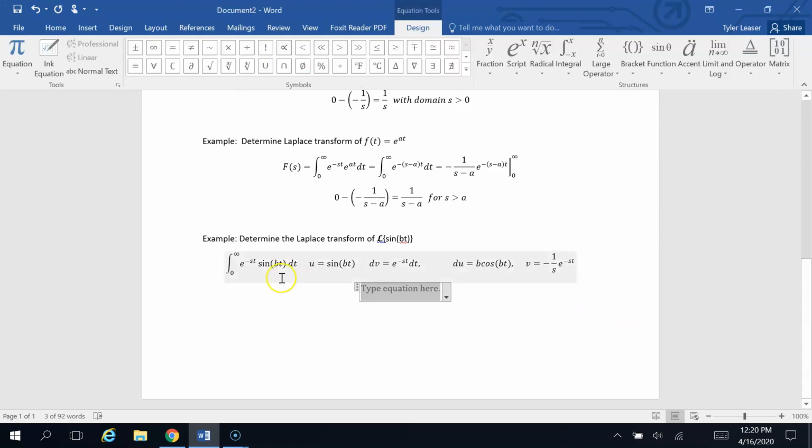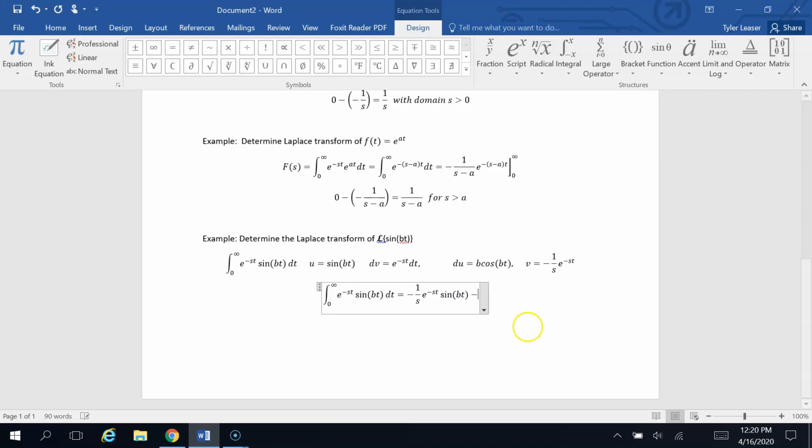Okay, so integration by parts is that this integral, and I'm going to have to keep writing it all out, the integral from 0 to infinity, just copying this left-hand side down, is going to be equal to the integration by parts. So u times v, I'll write that as negative 1 over s, e to the negative st, sine of bt.